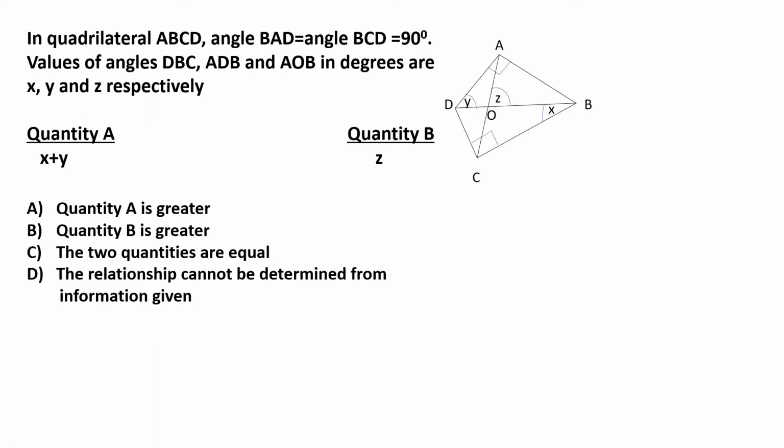And then the values of angles DBC, ADB, and AOB are provided. The numbers are not given for these angles, but they're just symbolically denoted by X, Y, and Z respectively.